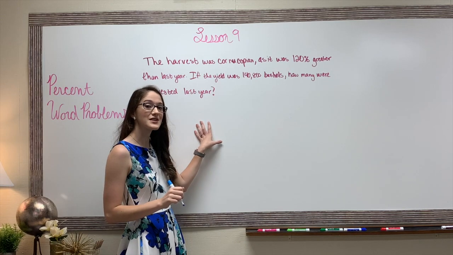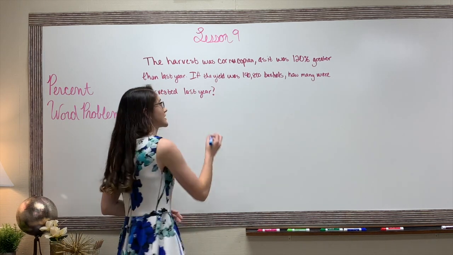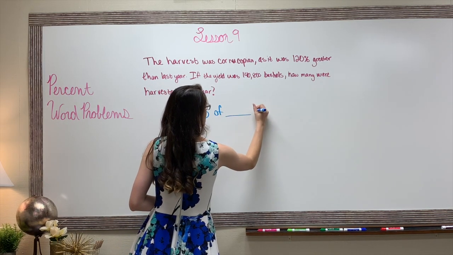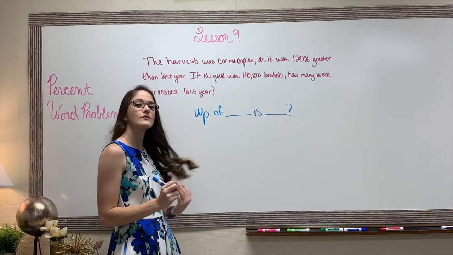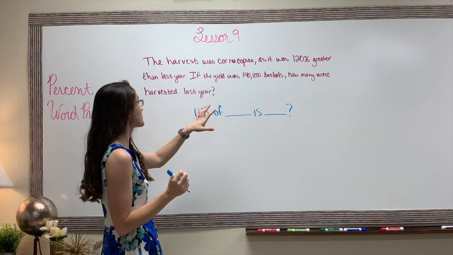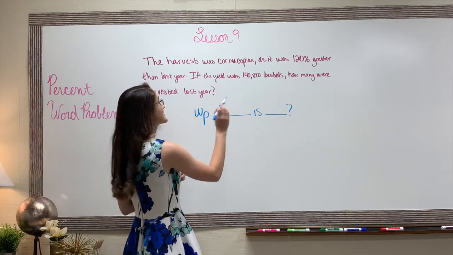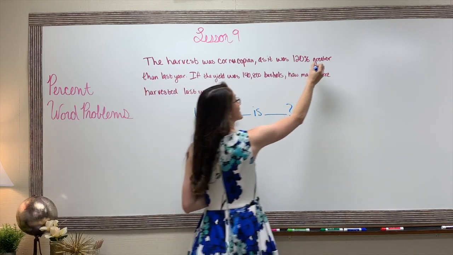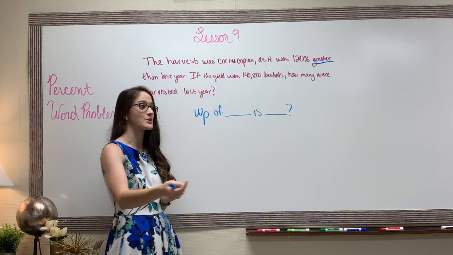Okay, so now let's work this out doing our statement, what percent of blank is blank. Okay, so again, we said that our percentage is 120%, and here's how you know that you had to add that original 100%. It doesn't say it was 120% of last year. It says greater than last year. That's how you know you have to add on the original as well.